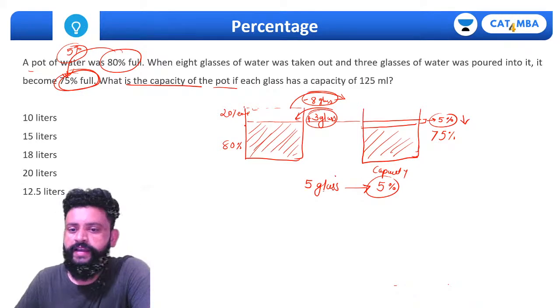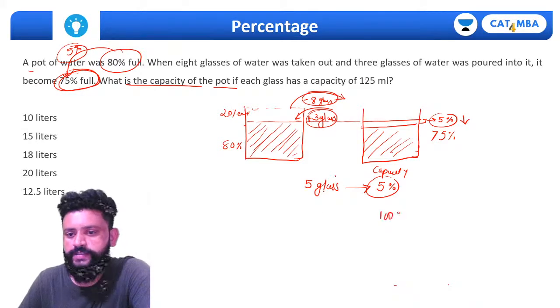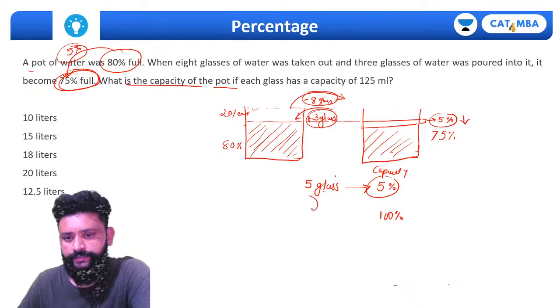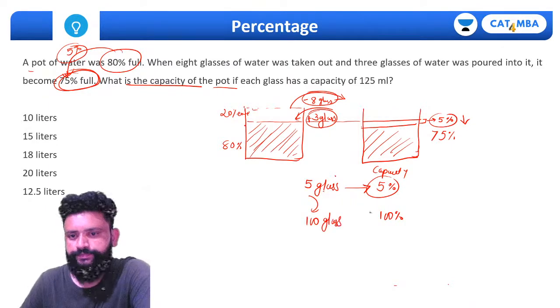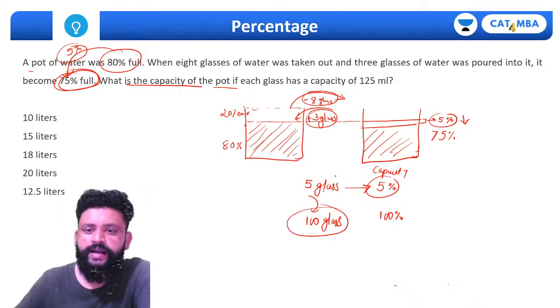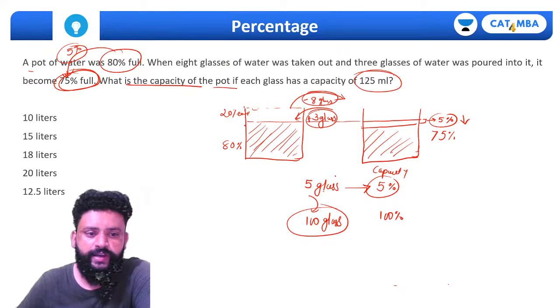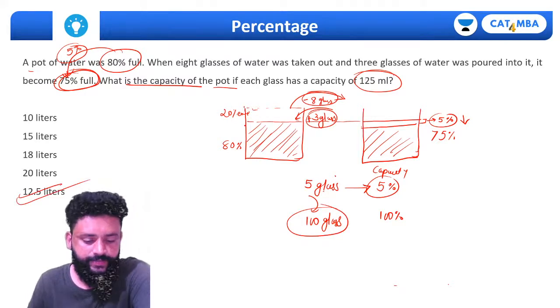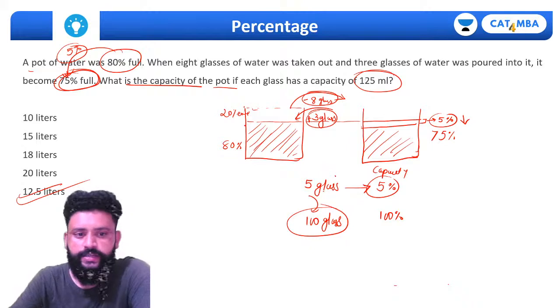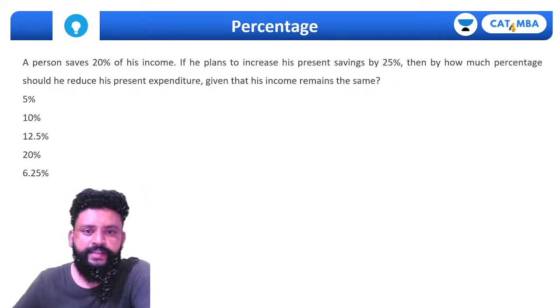Okay, so 5 glass, so 100% capacity will be 100 glass. 5% is 5 glass, 10% is 10 glass, 100% is 100 glass, and 1 glass is of 125, so that is 12.5 liters. Okay, so let's move ahead. Try this question.